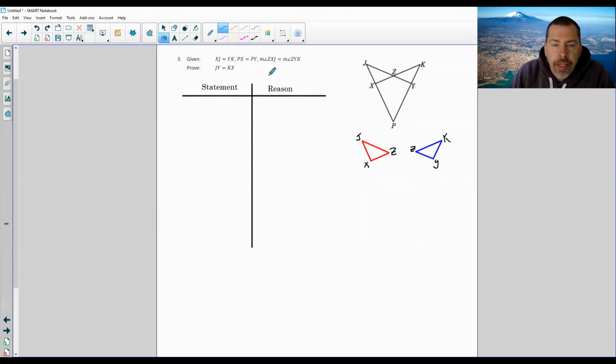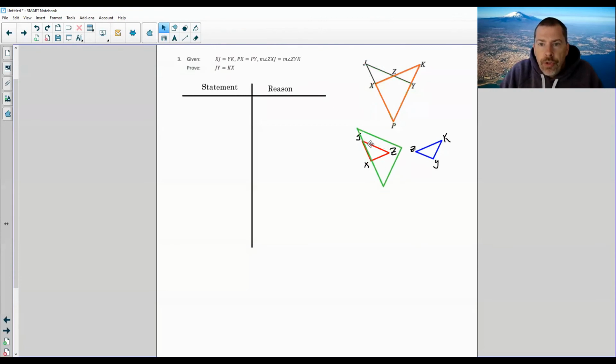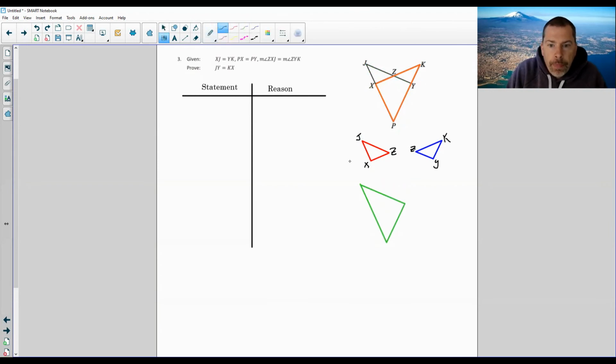Okay, and then there are other triangles here as well. So let me highlight those and I'll be right back. Okay, so I've highlighted these two triangles right here. So this is JYP. Let me bring that down and label it. Then I will grab this triangle, and that is KXP.